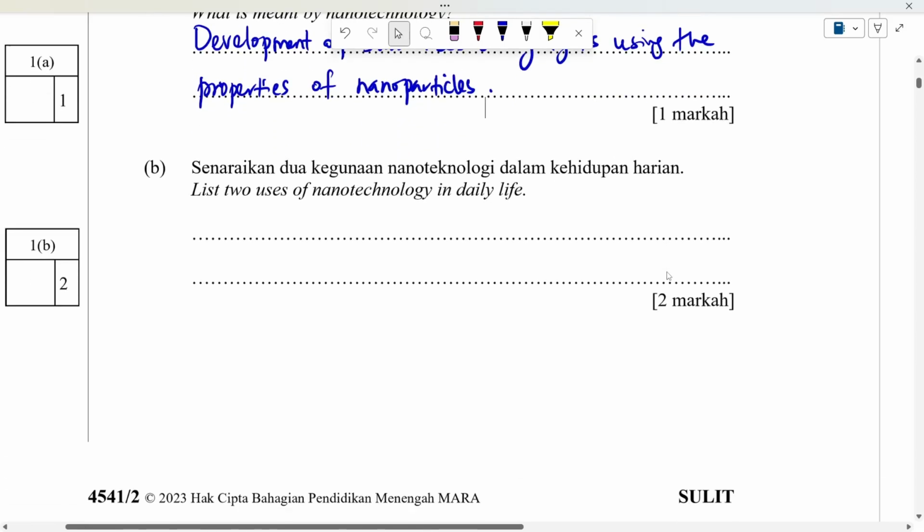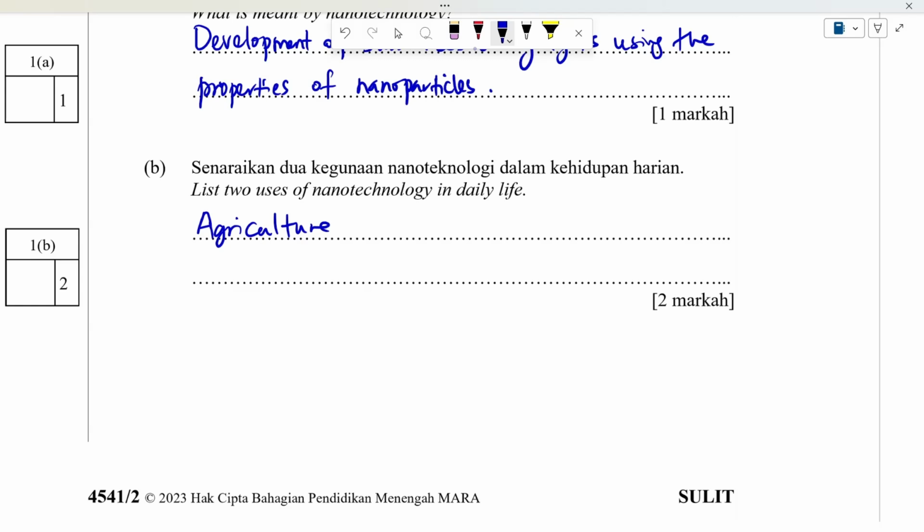Now B, list 2 uses of nanotechnology in our daily life. Okay, Jonathan, can you give one? In agriculture. Okay, Ken. Agriculture. Yes, list only. What else?